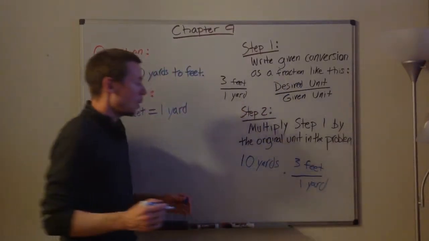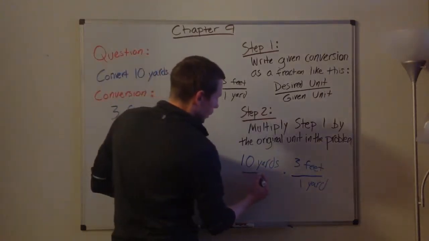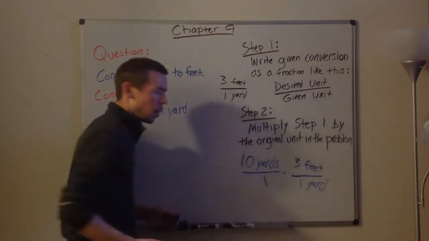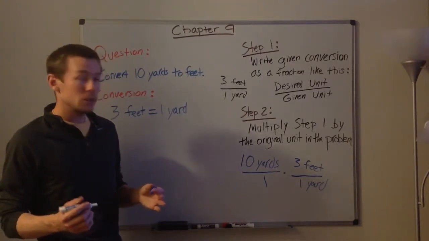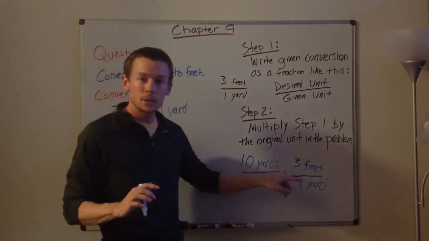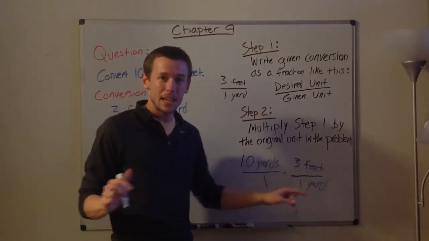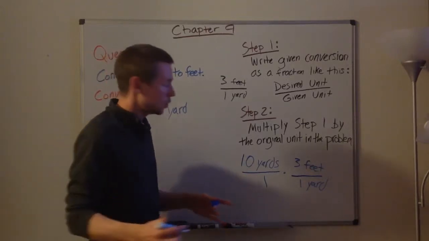If you like, to help you line things up, you can write the 10 yards over 1. What this is going to do is allow us, in effect, to cancel the yards, just as we've worked on cross-canceling numbers in fraction multiplication.